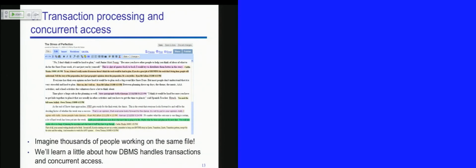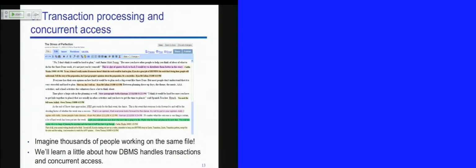Transaction processing and concurrent access. How many of you have used Google Docs to collaborate between a few people? Imagine that 2 or 3 people are now thousands of people, and you're all trying to change the same file at the same time. Yeah, things can go wrong. This is what a database would need to handle.